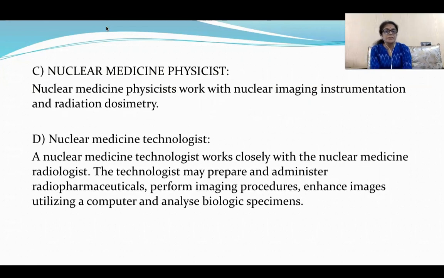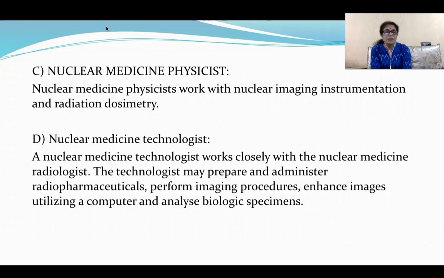Then the nuclear medicine physicist. A nuclear medicine physicist works with nuclear imaging, instrumentation and radiation dosimetry. How much radiation has to be given, how much the body can sustain, that is decided by the nuclear medicine physicist. Then the nuclear medicine technologist. Without that, a team cannot work.